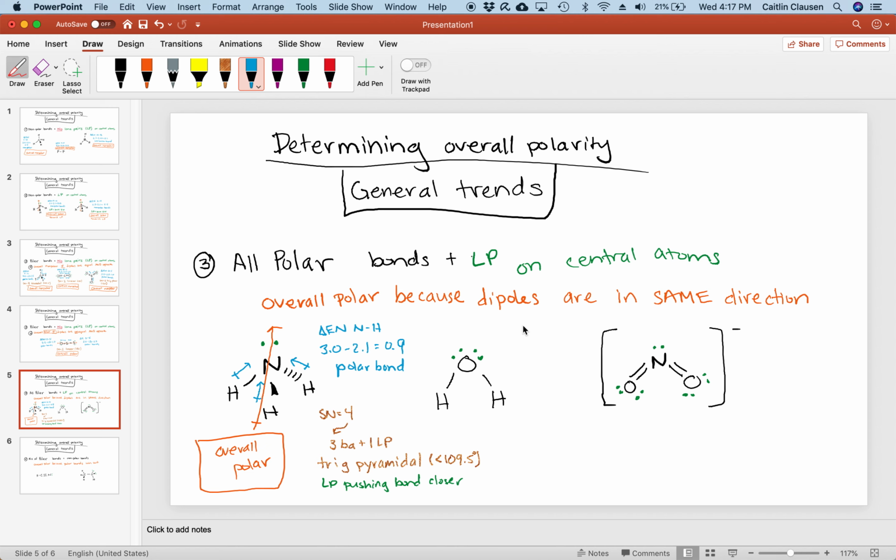For the hydrogen and oxygen in H2O, again we're going to calculate the delta electronegativity between oxygen and hydrogen. That's 3.5 minus 2.1. That's going to give us 1.4.